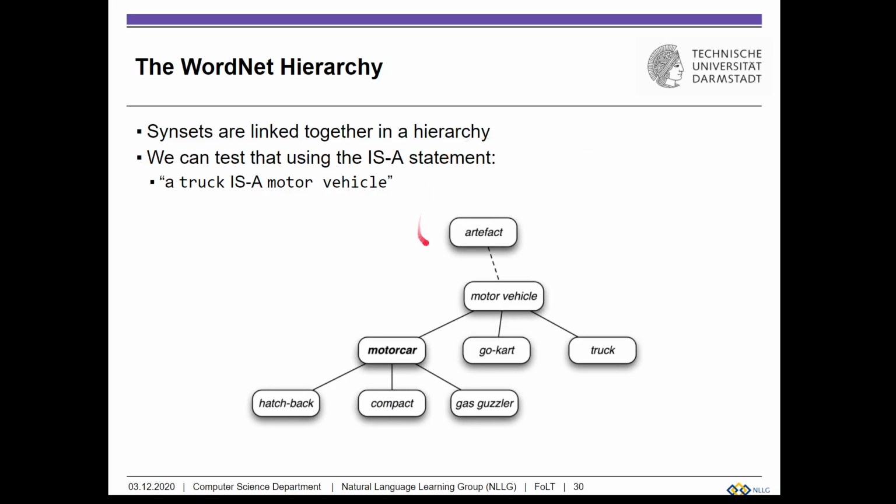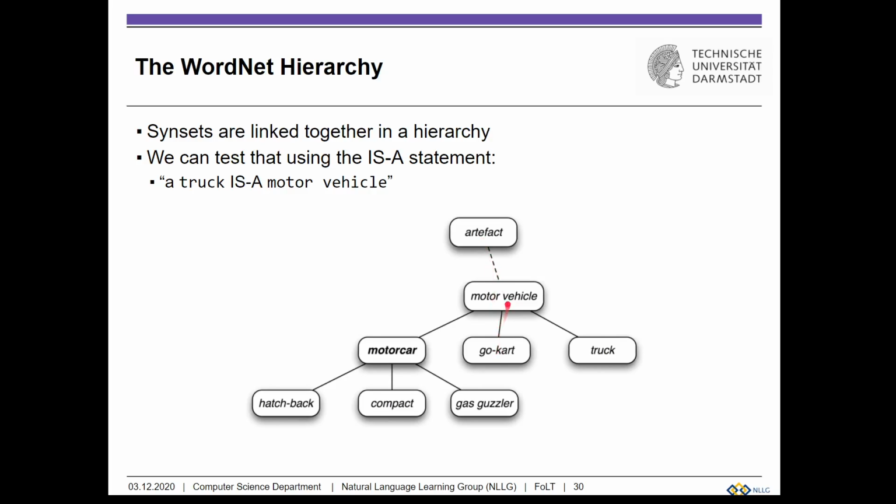On top of the tree, we have more general synsets such as artifact. Those more general synsets contain more specific synsets such as motor vehicle. You can also say each motor vehicle is an artifact.